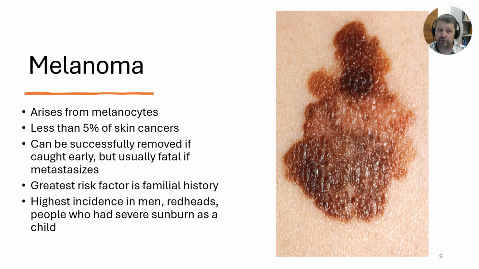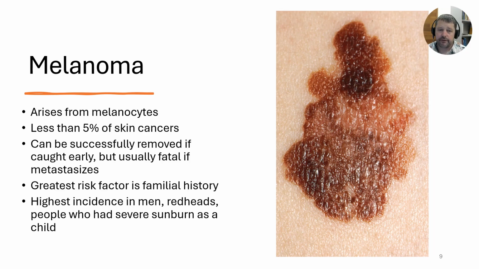About 5% of skin cancers, maybe a little less, are melanoma. If caught early, it can be removed, but if it spreads, it's usually fatal. Remember, these are regions where you're producing melanin.